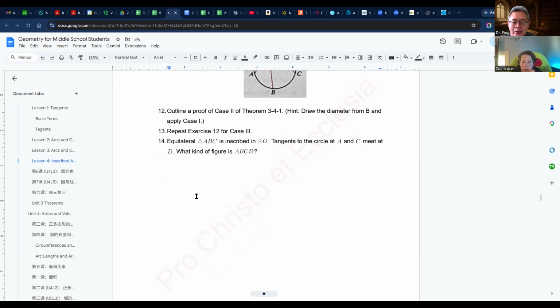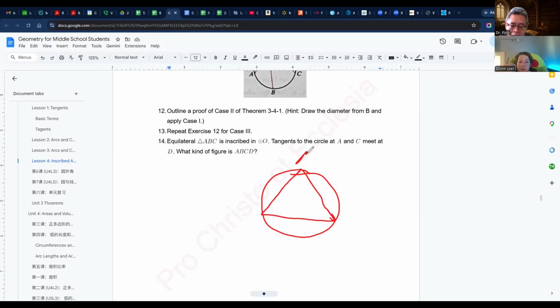So quadrilateral ABCD is inscribed in circle O. So we got an equilateral triangle ABC, and a tangent to the circle at A, and also a tangent at C. Then they meet at D. So they're asking, what is the figure ABCD?